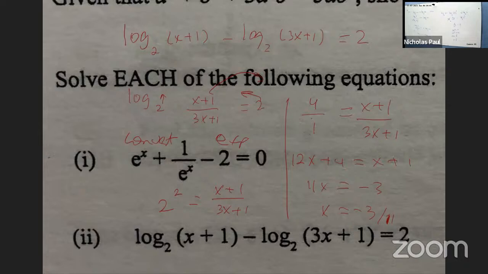The base is coming up and the answer is coming out as the power. So that's how I got 2 squared. So the other one is now 3 squared. And then it was got it, that part here.